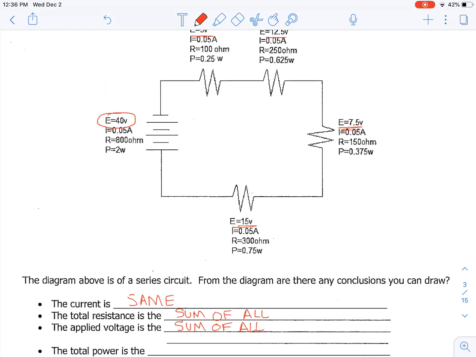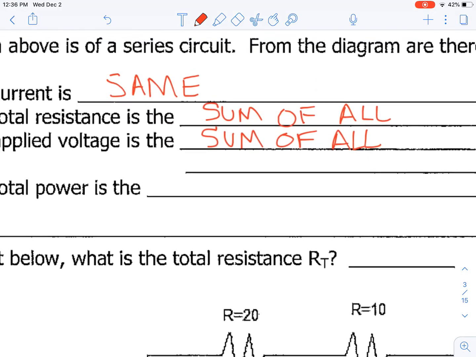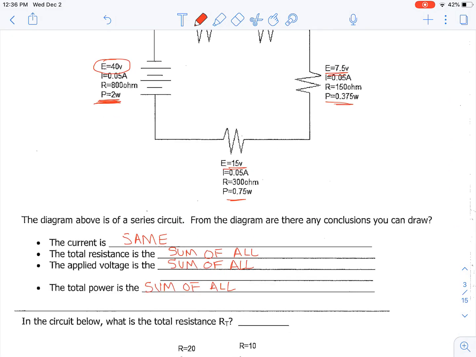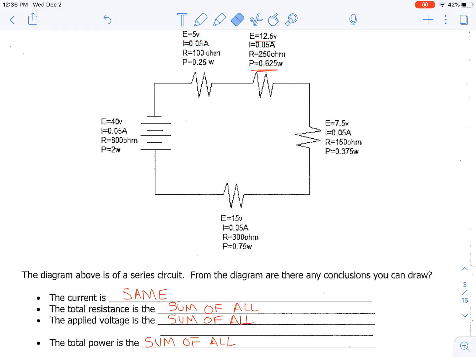And the total power, we'll have to fill ourselves in about power, but it is also the sum of all of them. Series circuits are really easy to calculate because these 4 little rules right here are very easy. But as far as wiring, they're not really efficient.